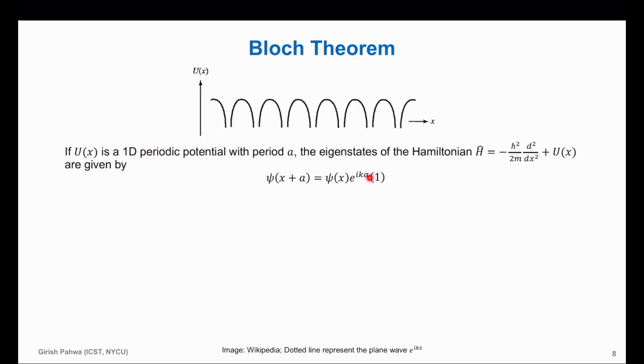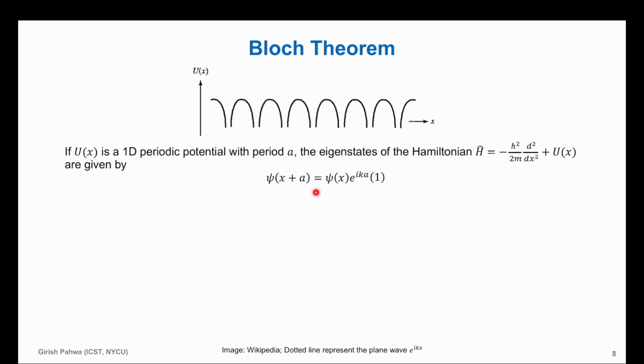So if there is an a here, k should have 1 by a. It's some kind of a wave number, though it may not be exactly 2 pi by lambda.